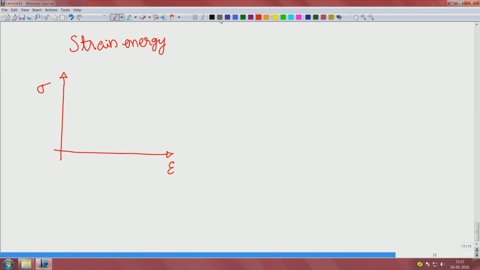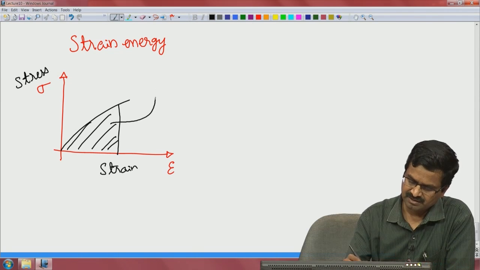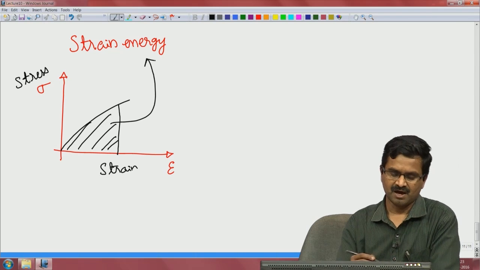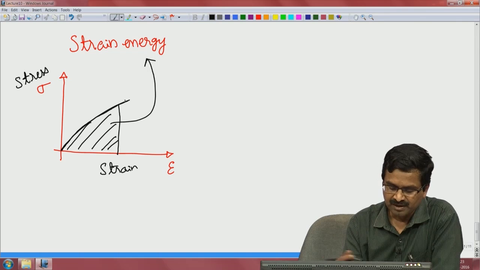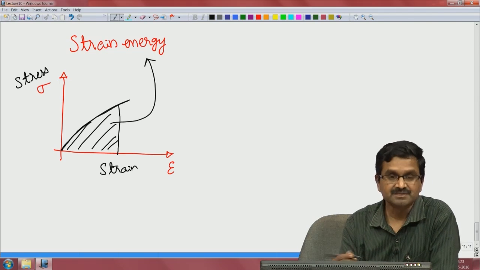So, this is stress, this is strain, there will be some curve. The area under this curve is our strain energy. I have deliberately drawn a nonlinear one, you can have linear one also, but whatever it is, that is the strain energy.